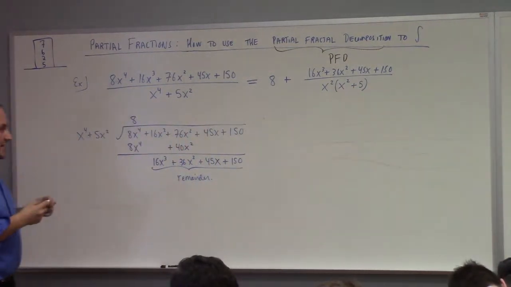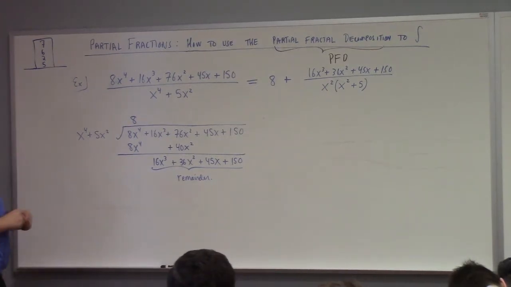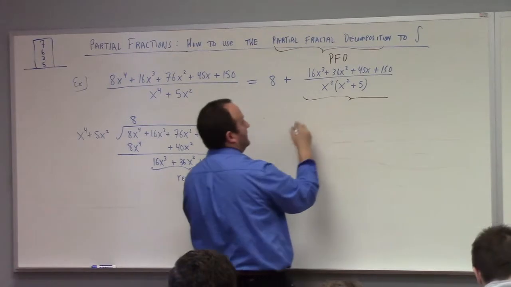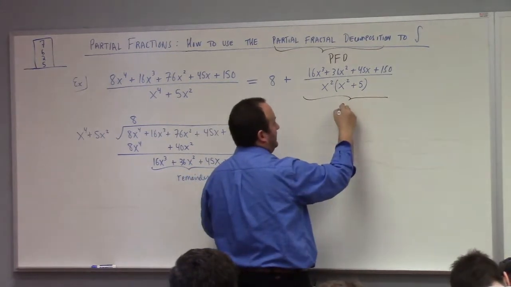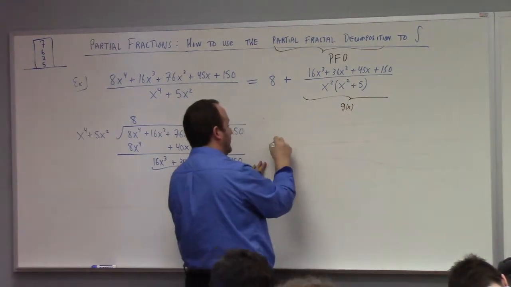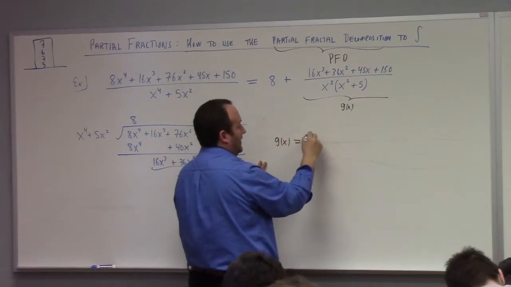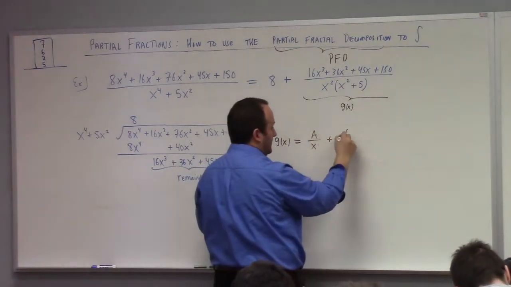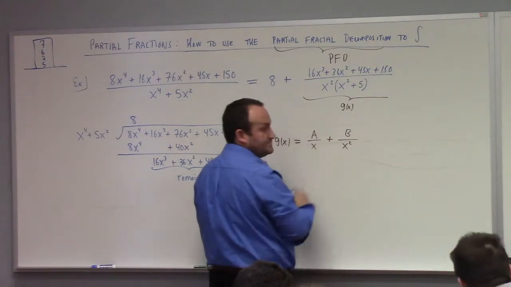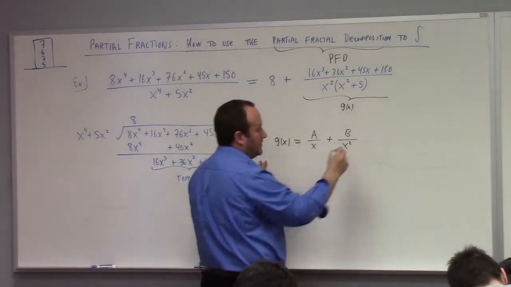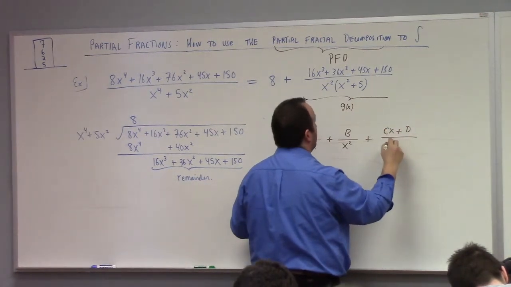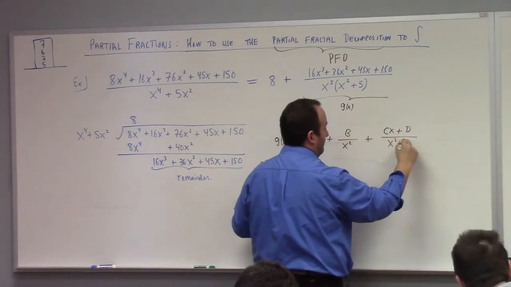So what kind of decomposition can we do here? So let me call this thing g of x, just to give it a label. G of x can be rewritten as a over x, right, plus b over x squared plus cx plus d over x squared plus 5.